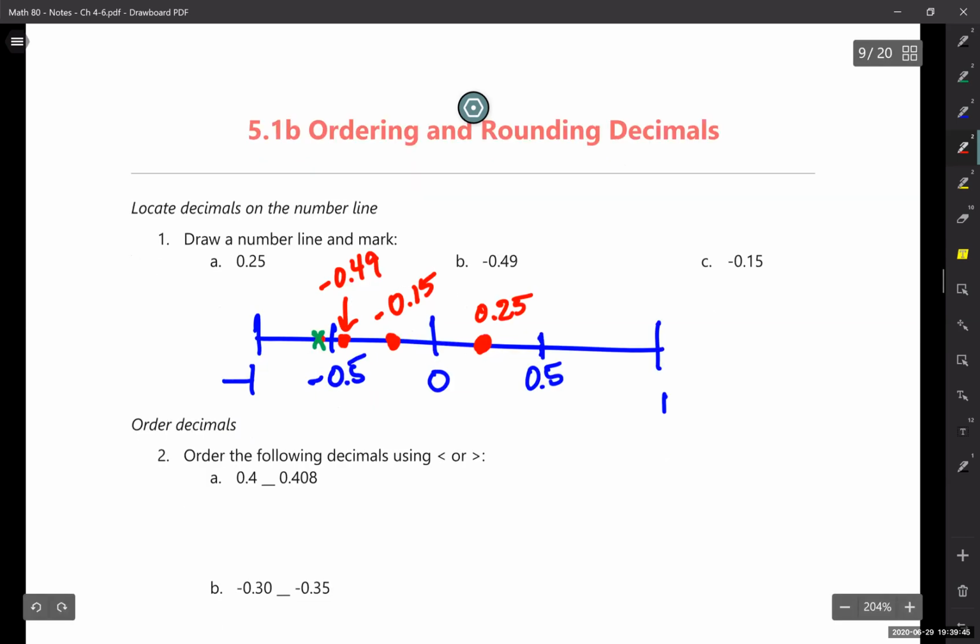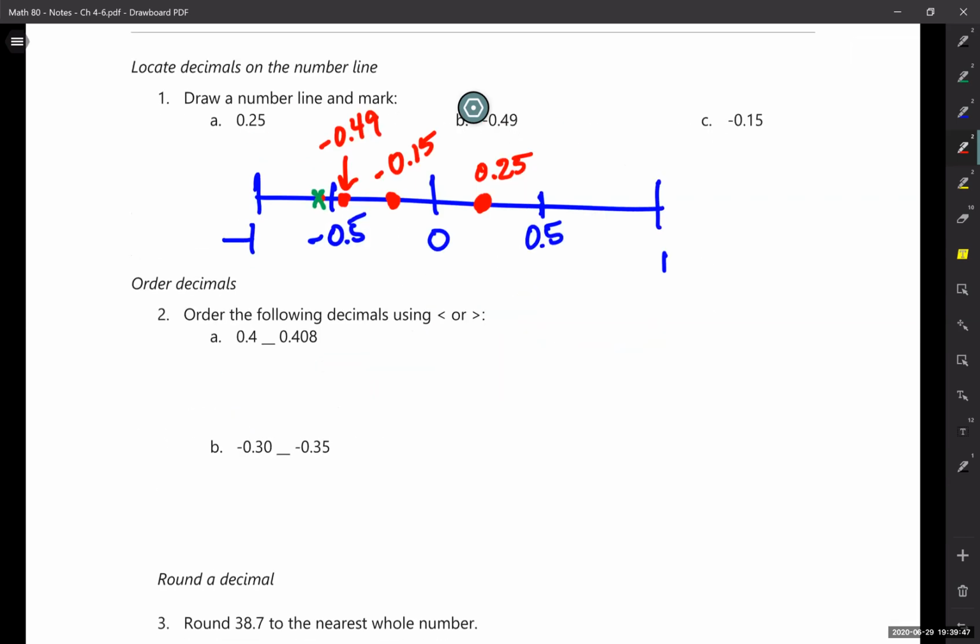All right, so the next part of this, ordering decimals using less than or greater than, what we want to check here is each place value step by step until we find out where they're different. So let me just kind of rewrite A real quick to give you an example of what I'm talking about.